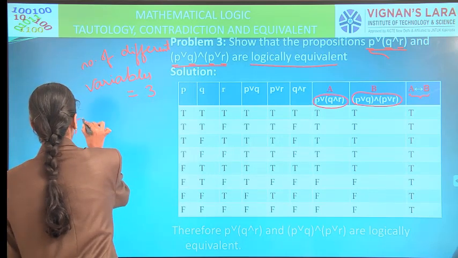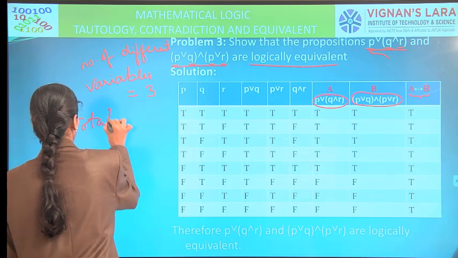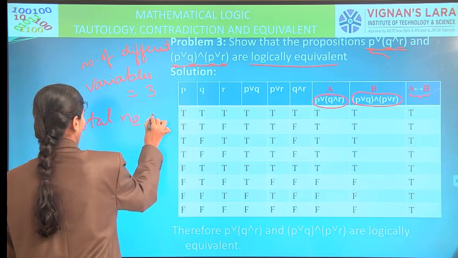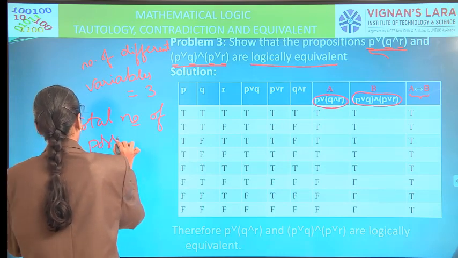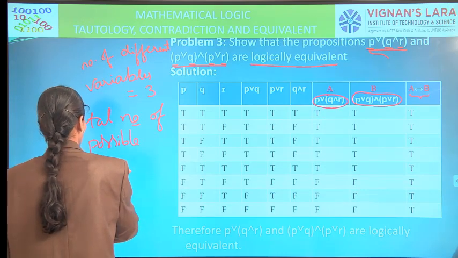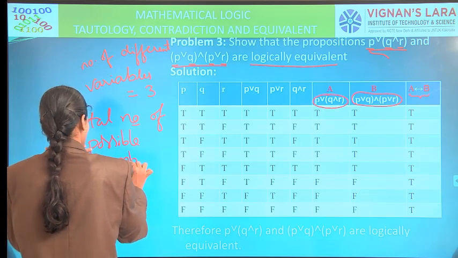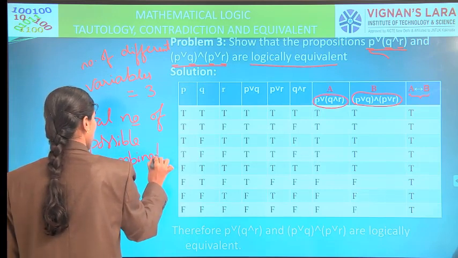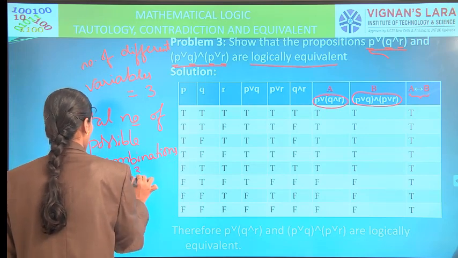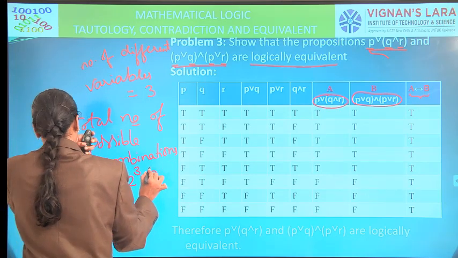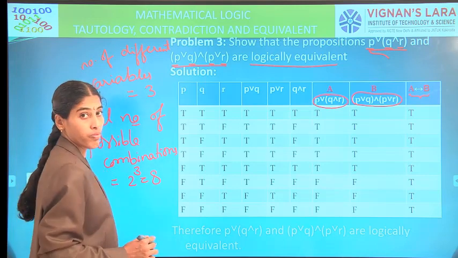So the total number of possible combinations is 2 cubed, that is 8, right?